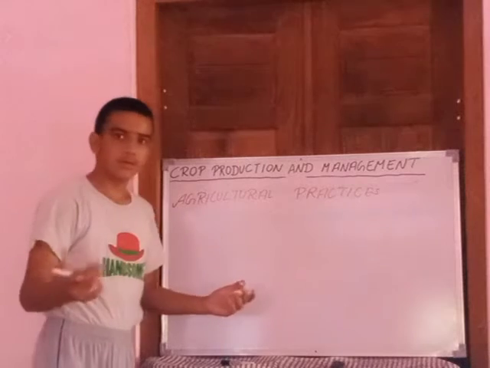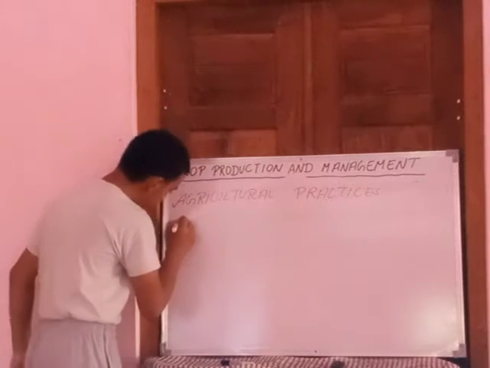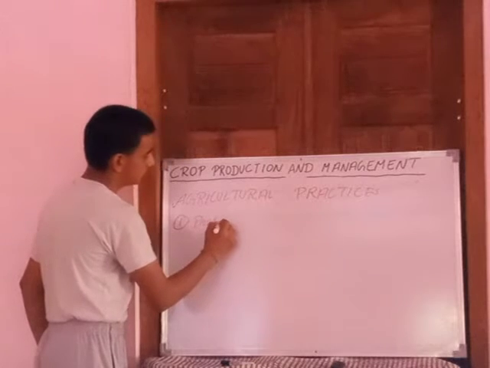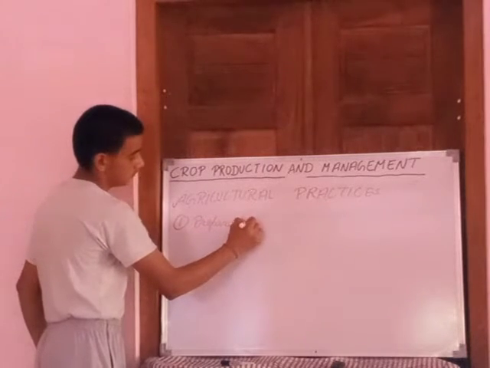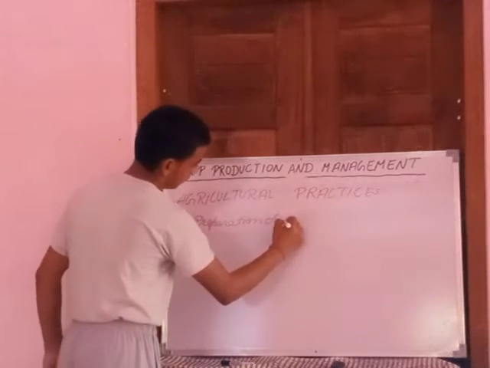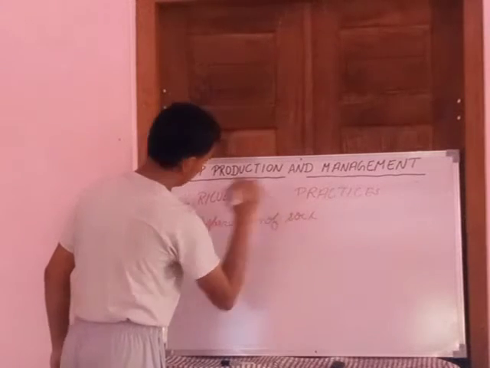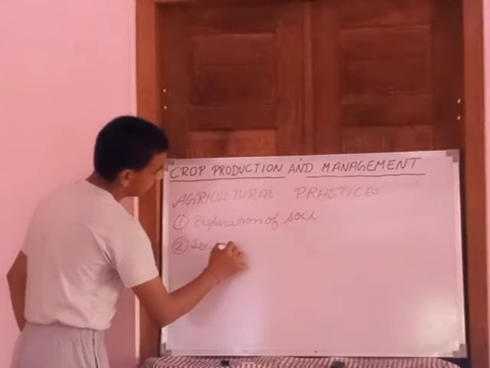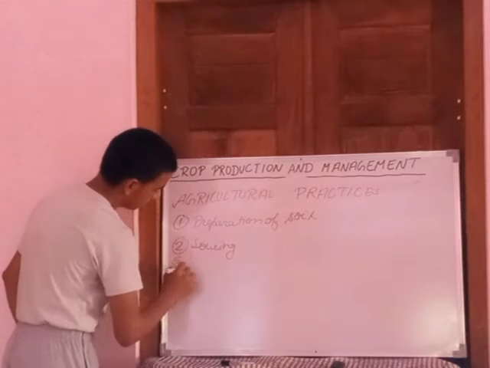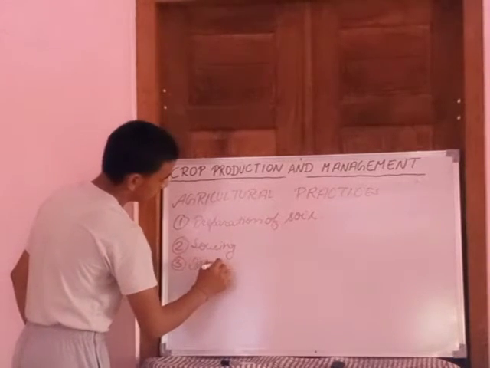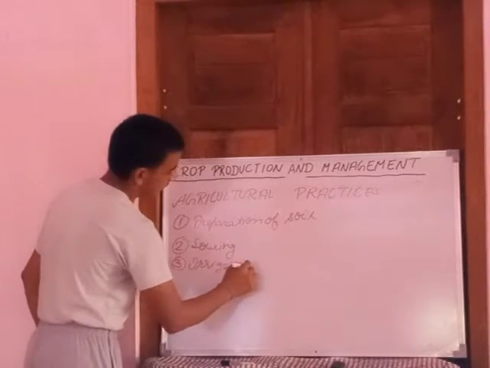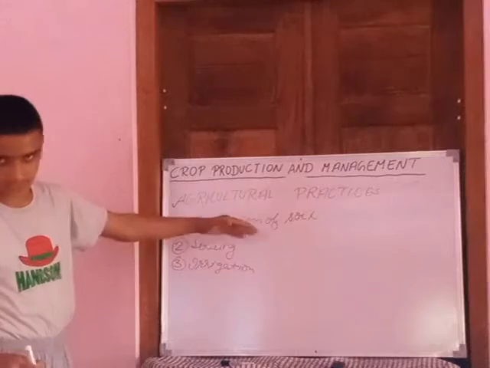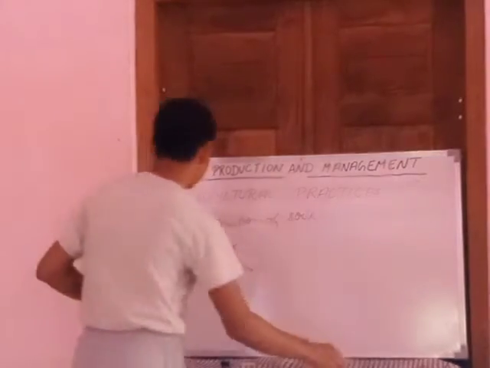There are many agricultural practices, like first of all, preparation of soil, then second, sowing, then irrigation, and many more.